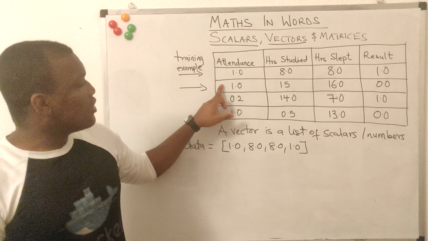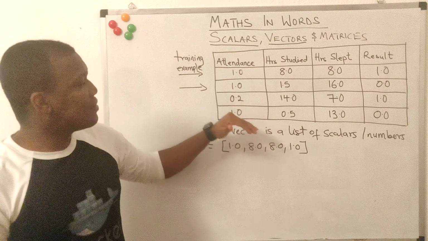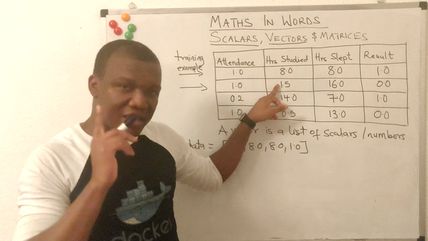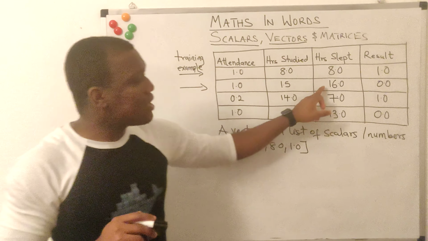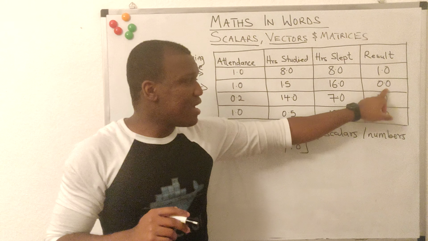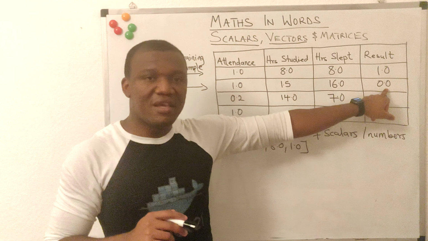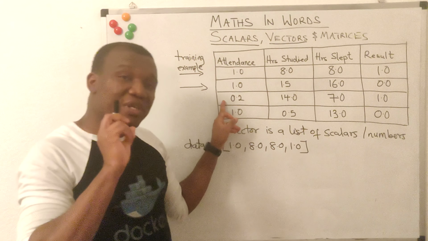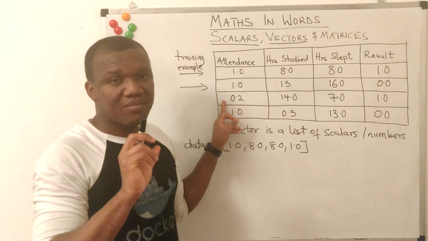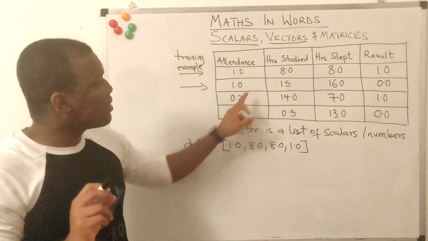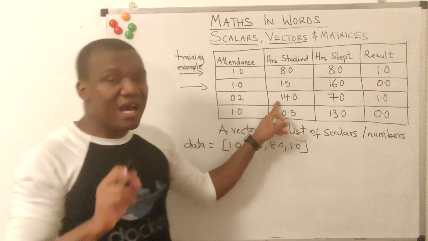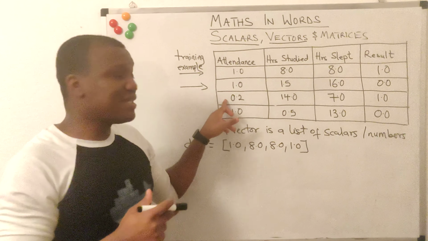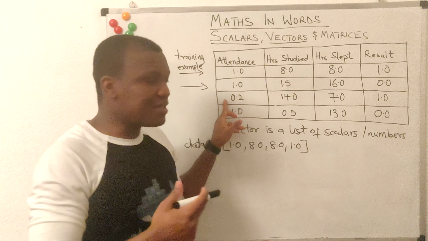This guy went to class 10 times, but studied only 1.5 hours in the entire day, slept 16 hours, and the result was that he failed. This lady went to class only 20% of the time. So this is 2 over 10. But she spent 14 hours a day studying, which means she made up for all the classes she missed by doing self-studies.